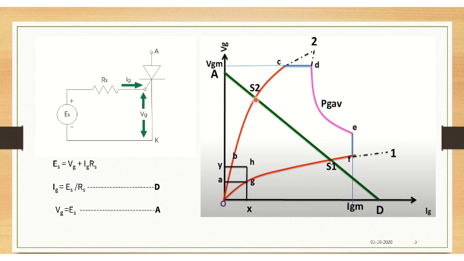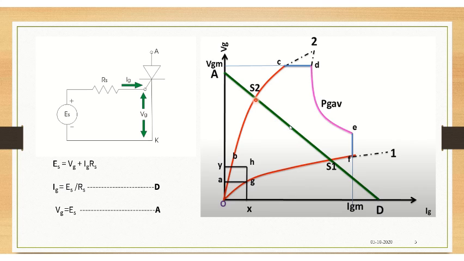I hope you are understanding. Now say, according to the particular SCR device I'm using, its gate characteristics fall somewhere here. I have an SCR and its gate characteristics curve is showing like this.